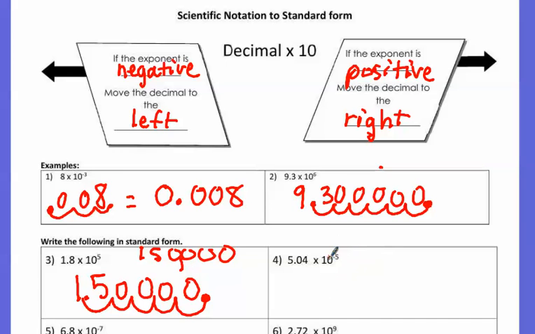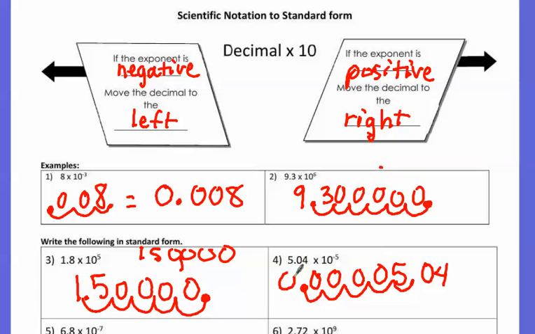Number 4, my exponent is negative. So I'm going to move my decimal 5 places to the left. Remember to fill in any empty spaces with a 0, including one out front of the decimal.